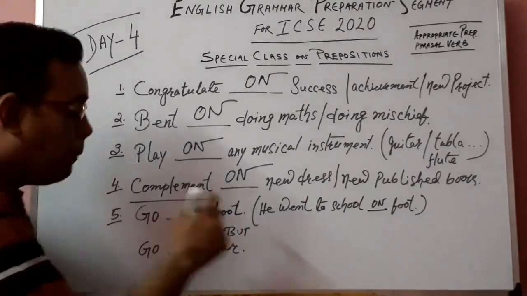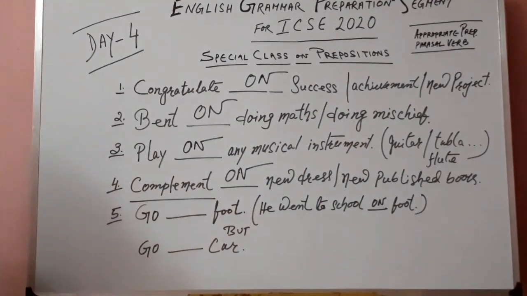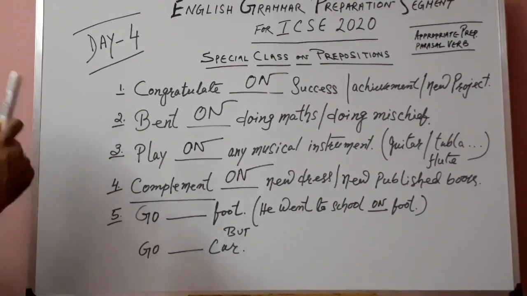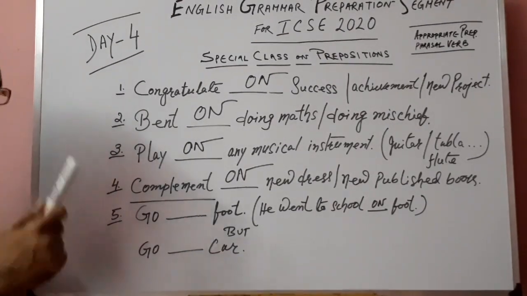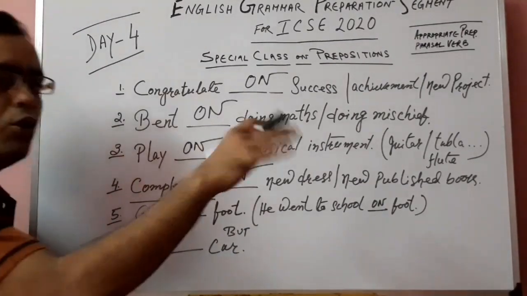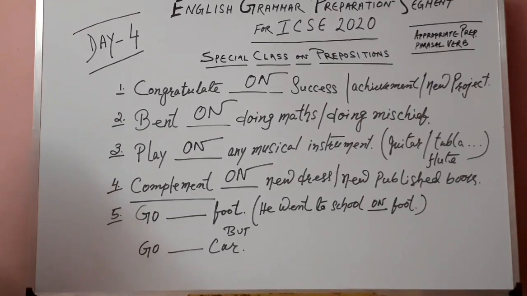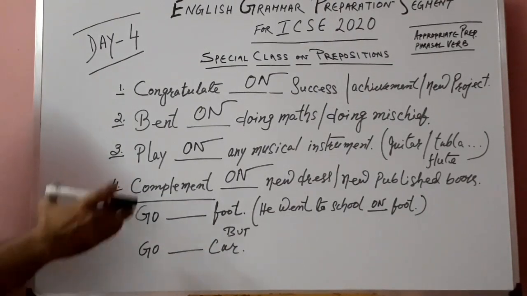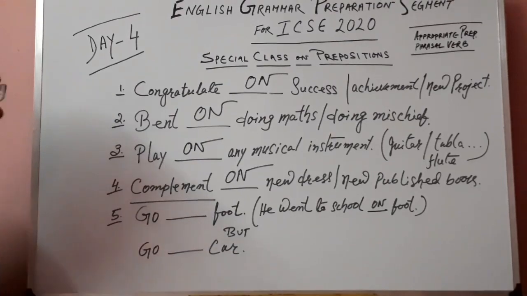But go by car. So you mustn't get confused. In most cases, the common mistake is go by foot. Many of you write like that. So it's wrong. Go on foot, but go by car. Clear?